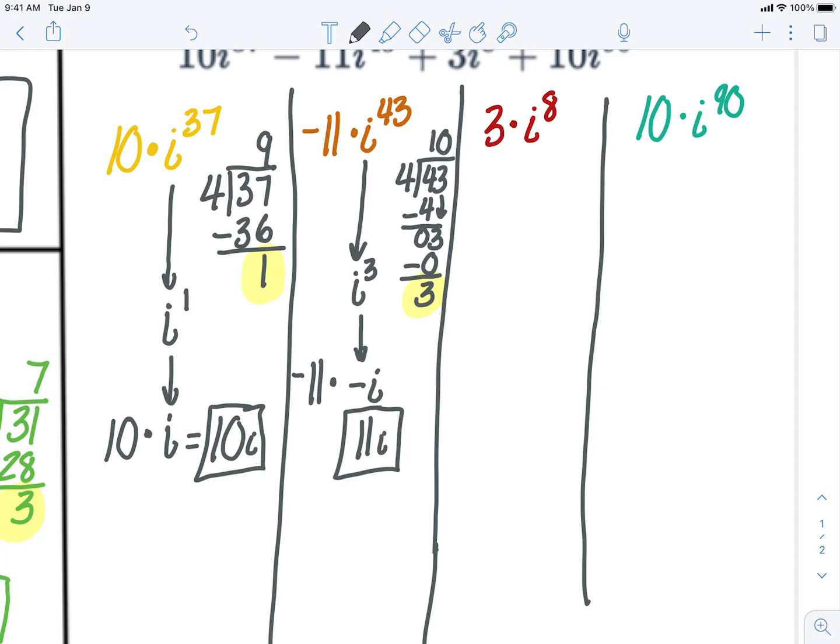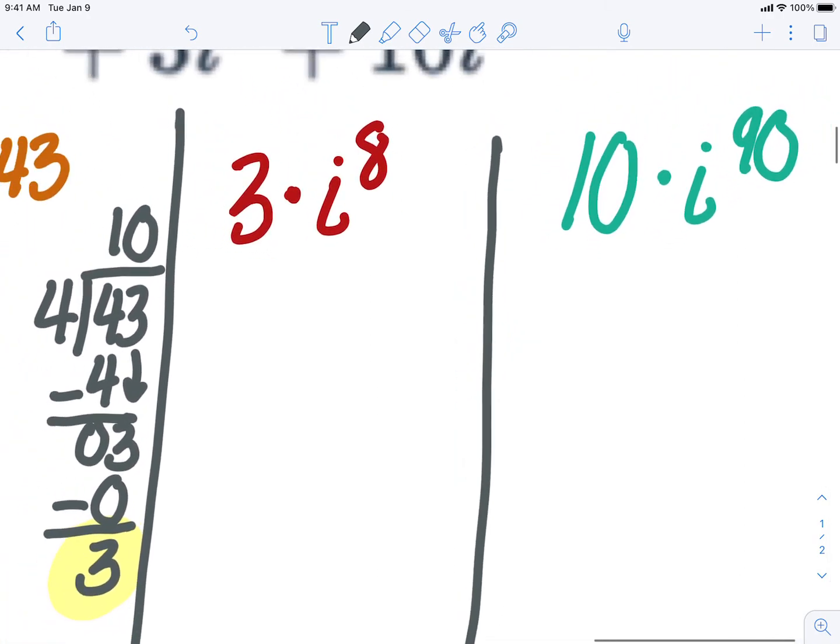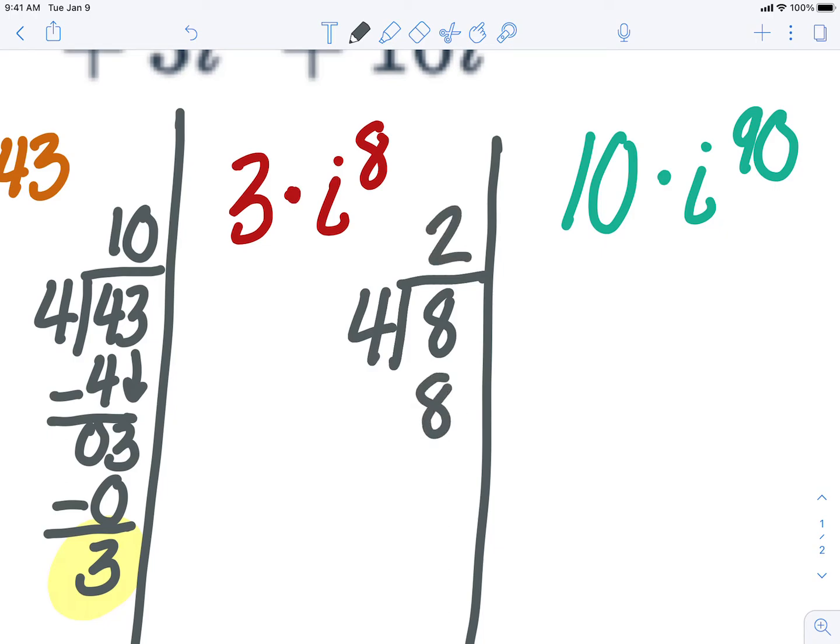Okay? Two parts down. Okay? Again, I'm going to take my 8 and I'm going to divide it by 4. 4 into 8 goes 2. 4 times 2 is 8. 8 minus 8 is 0. This is my remainder.